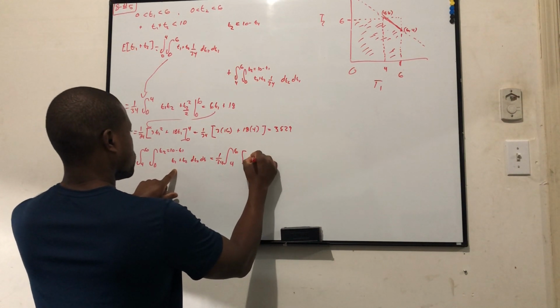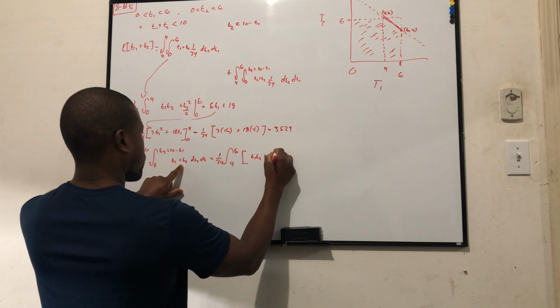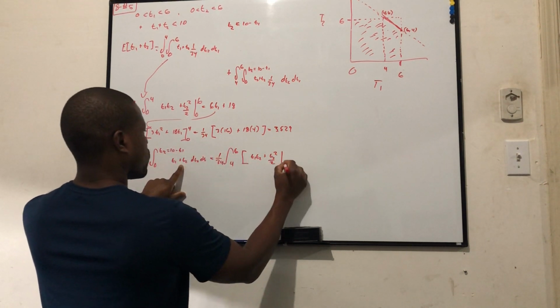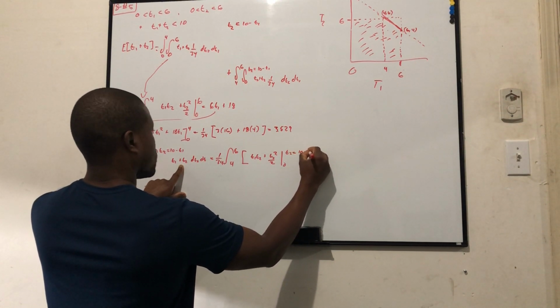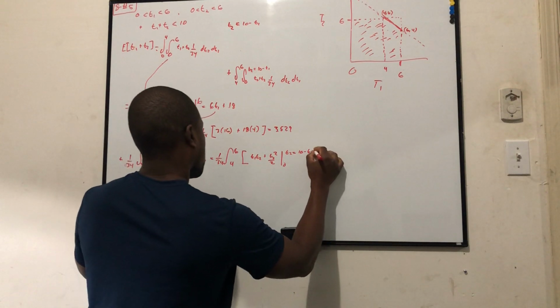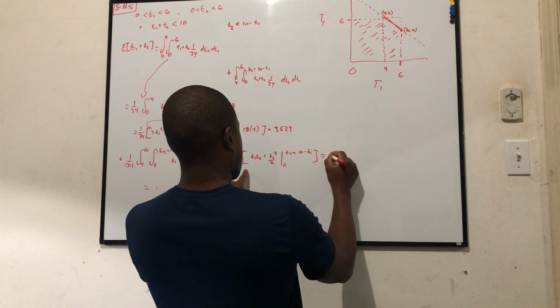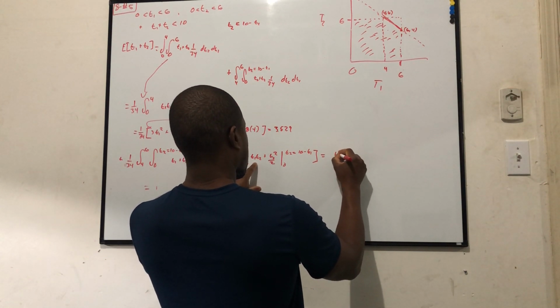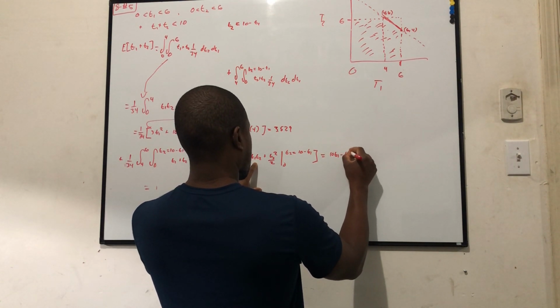T1. And that integration is from 0 to T2 is equal to 10 minus T1. Aha. Then this will be T1 times 10 minus T1 squared.